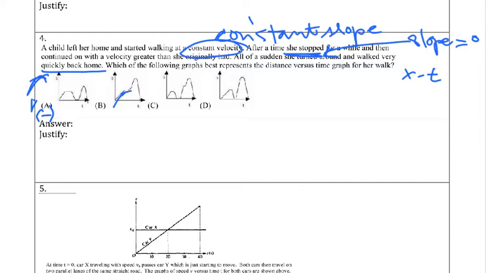She stops, she walks faster, she stops, and then she goes home. That matches C, okay, because we had a constant slope, we stopped, continued with a greater velocity, so this was a bigger slope, turned around, this is where she turned around and went quickly back home.